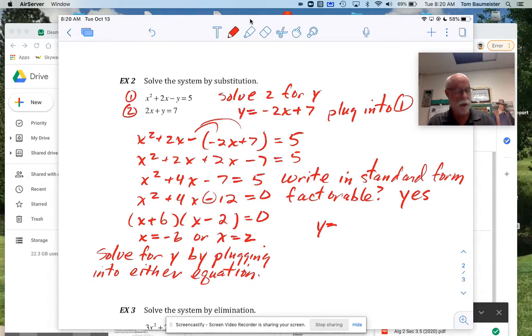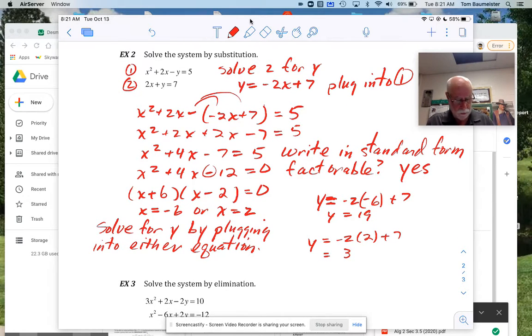So I get y is equal to -2x plus 7. I'm going to plug in -6. On that one, we'll get y is equal to -2 times -6 is +12 plus 7 is 19. And then if I do the other one, I'll get y is equal to -2 times 2 plus 7, or -4 plus 7 is 3.